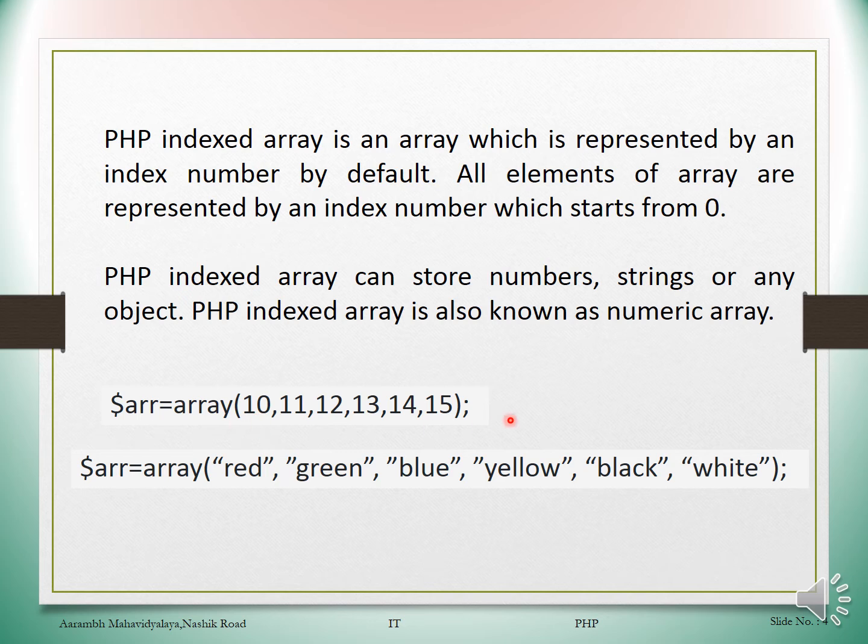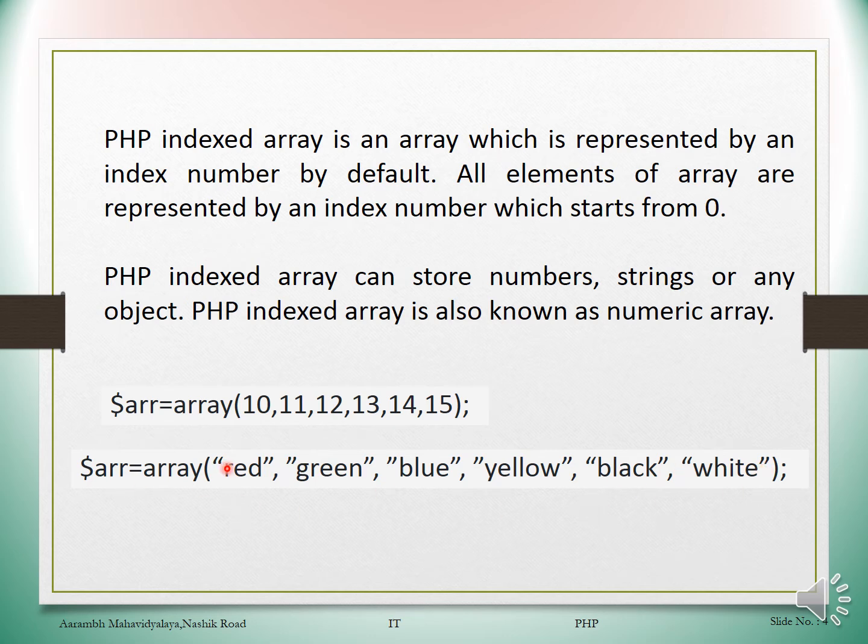Just like the numerical numbers, we can declare the array of strings. For example, $r equal to array of, here different types of colors are specified, just like red, green, blue, yellow, black, white, and all the colors are enclosed within double quotes to indicate that these are string elements.